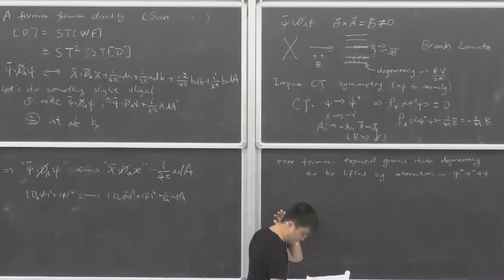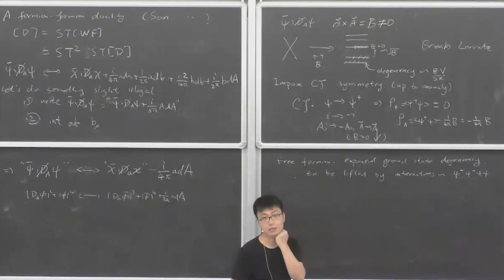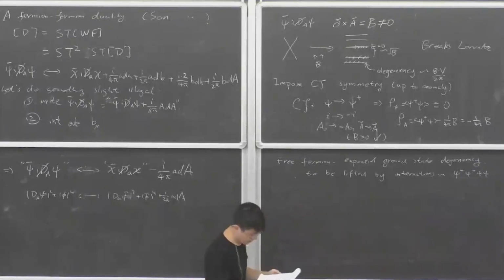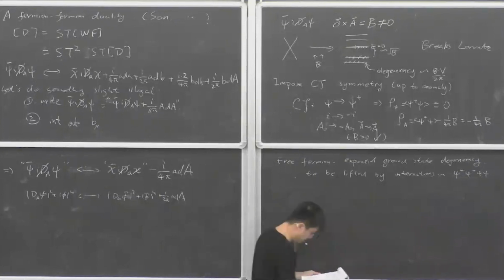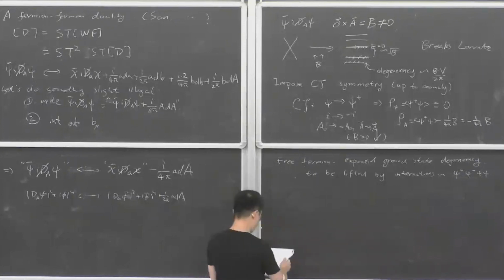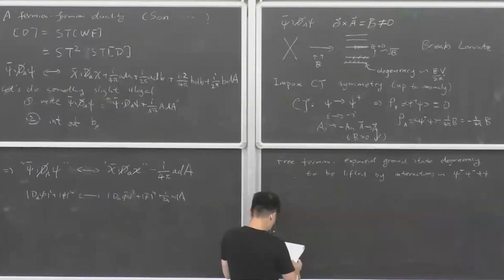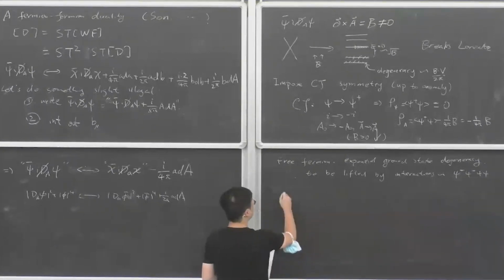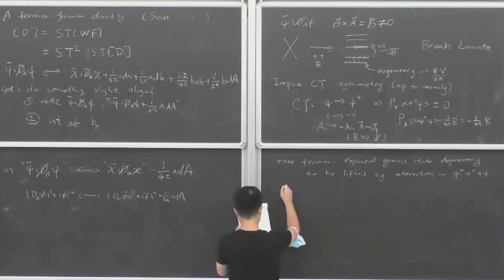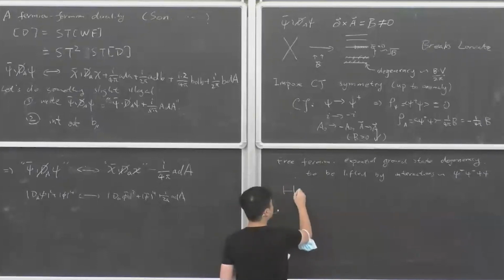So not only do they control the IR physics, it's actually an intrinsically strongly coupled problem because the kinetic term is by definition 0 in the Landau level. So the physics is fully defined by the interaction, which is typically hard. So it's a hard problem.